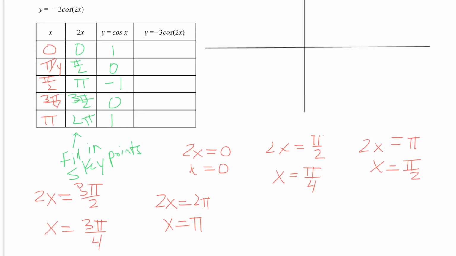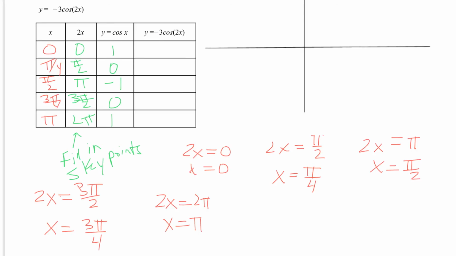Then I need to figure out what my last point, my y value, is. I've already taken care of what's inside the parentheses. Now I have to multiply by negative 3. So I'm going to take my y value and multiply by that negative 3, because I've already figured out the cosine of 2x by doing this and this. So my last thing to do is take the negative 3 and multiply by everything here.